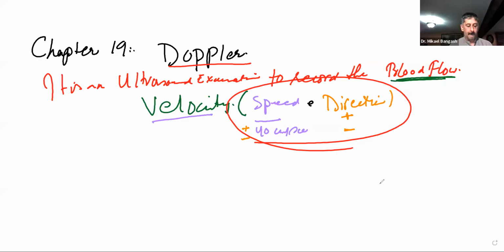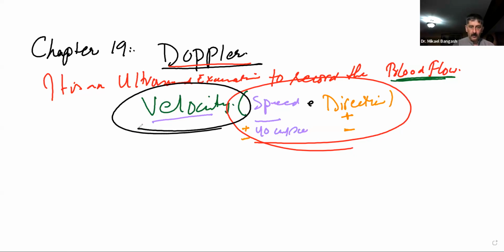So let's start with chapter 20. There's more to it. Okay, girls? Now, please keep in mind, in Doppler, the primary goal is to record the velocity.